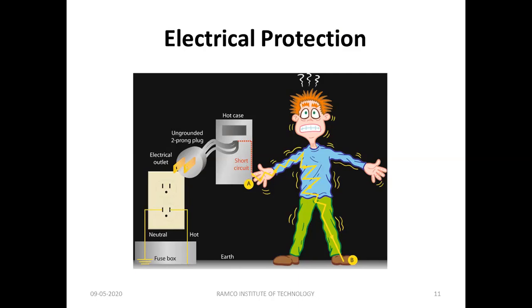Then electrical protection, this is another major important thing, right? See, the electric circuit is very huge, and the protection is also very important. There is a line, so no part should be left unprotected.